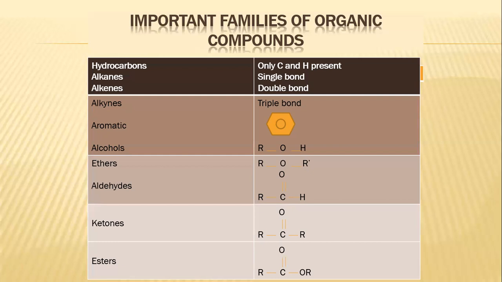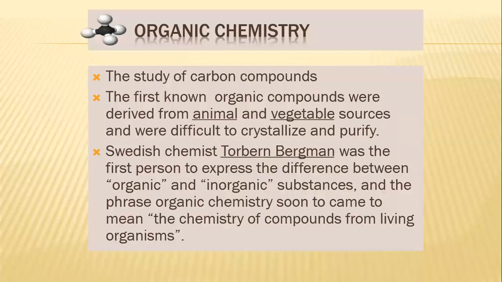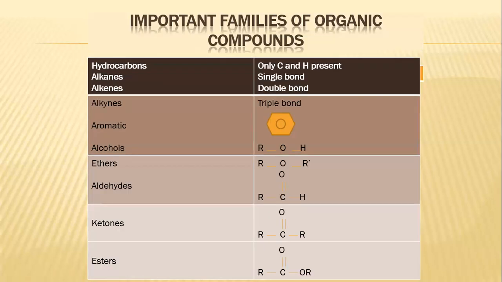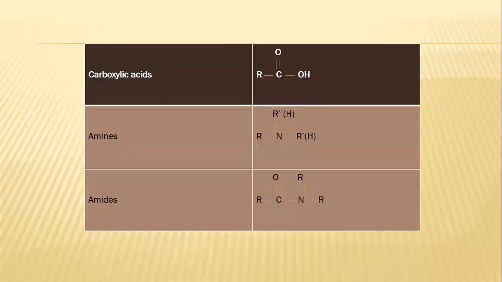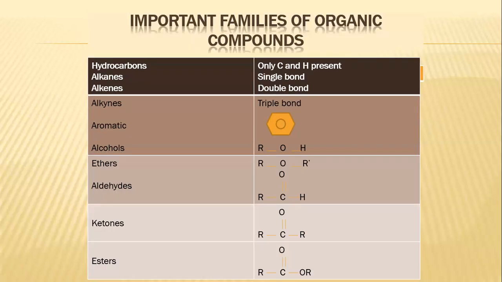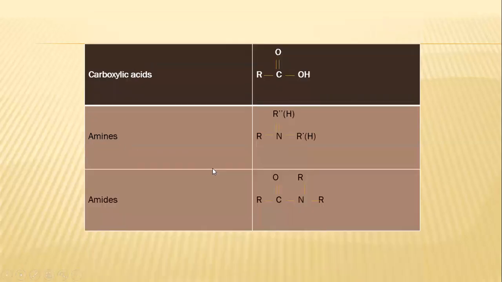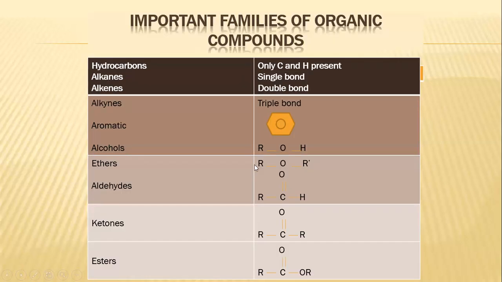If RCOH is there, with R, C double bond O, H, that is the aldehyde group. You call it als or aldehyde.